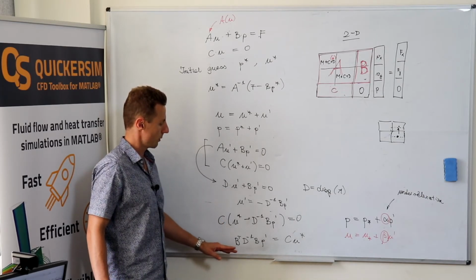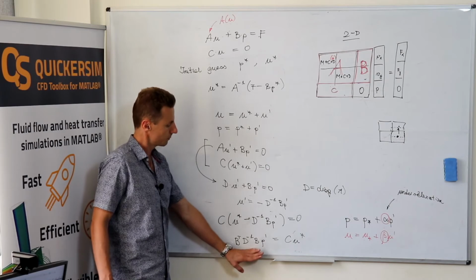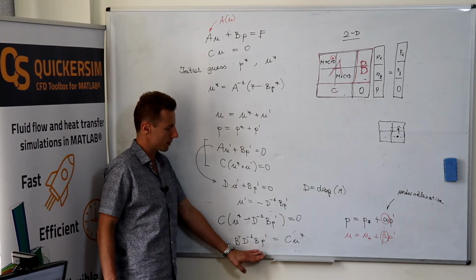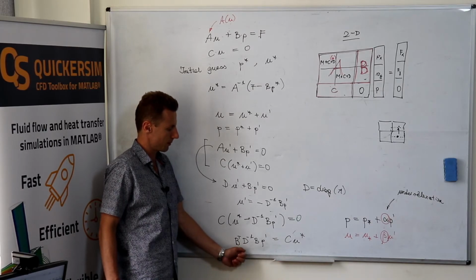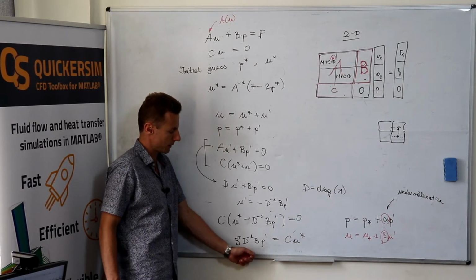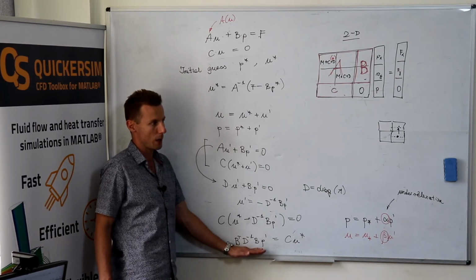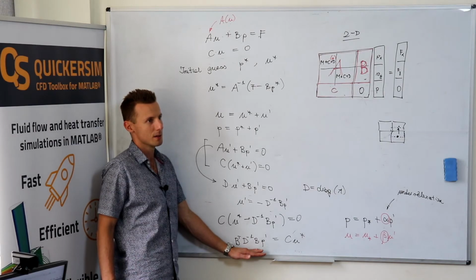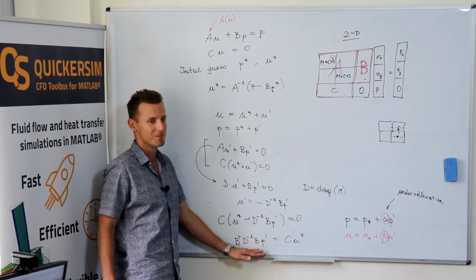Also, what you should remember is the SIMPLE algorithm requires solving the pressure with a symmetric positive definite matrix constructed this way, and the quickest, the best algorithm with the highest convergence rate for any number of unknowns is what currently?